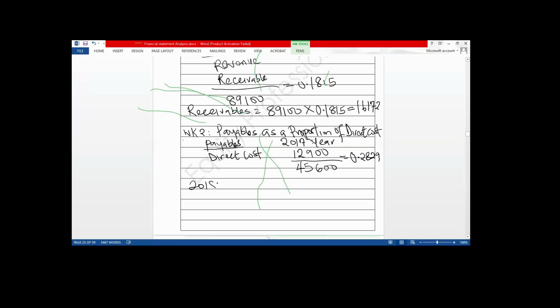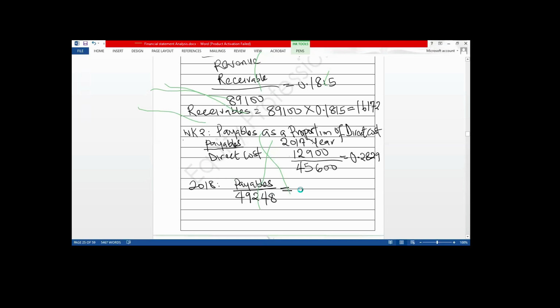2018. Payables over direct cost. We don't know the payables for 2018, but we know the direct cost for 2018, 49,248. We have been able to predict the direct cost.